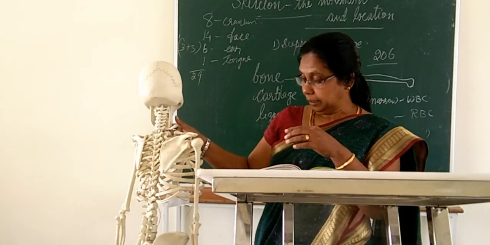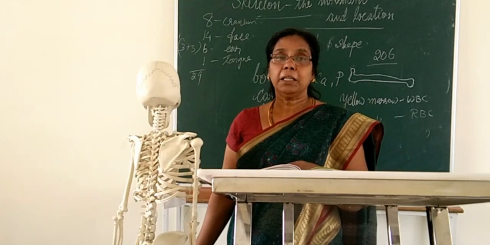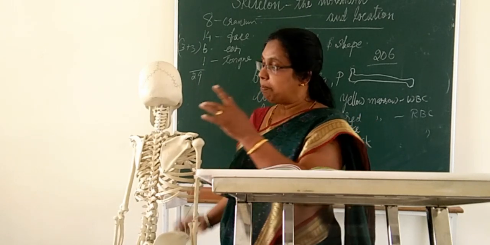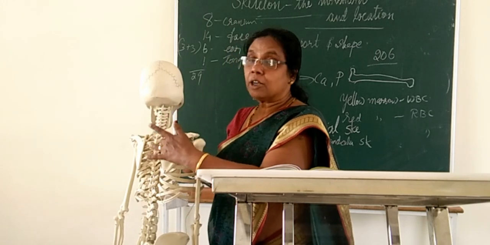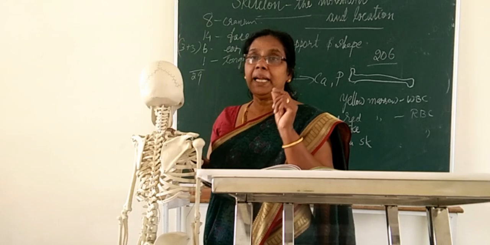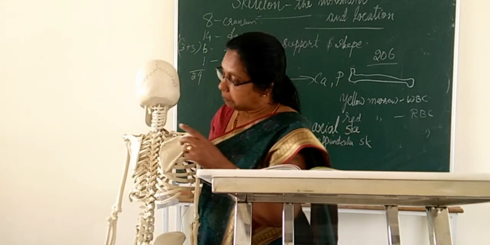And let us see how many bones are present here. The vertebral or spinal column is popularly called the backbone. So, what is the name of this one? Backbone. And this is made up of 33 ring-like bones called vertebrae.